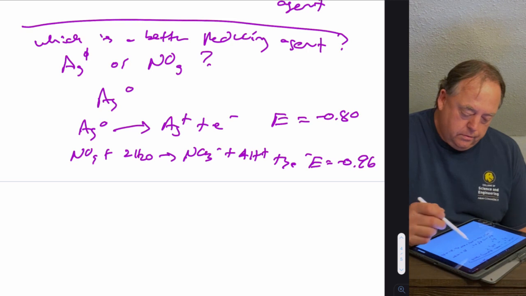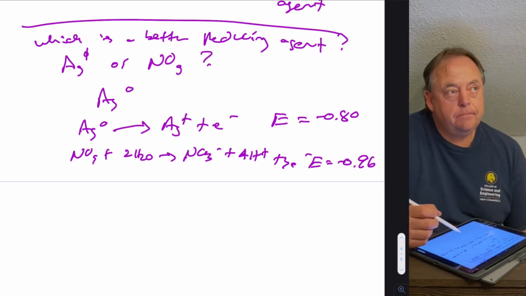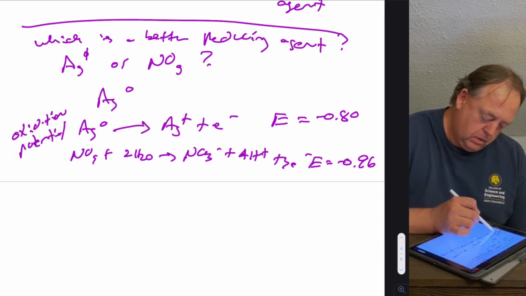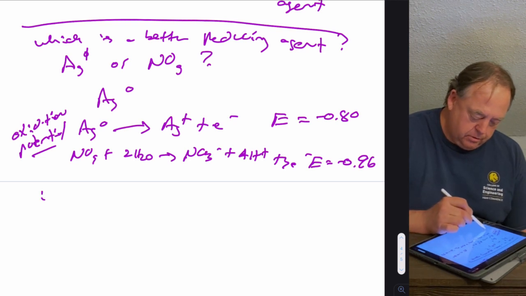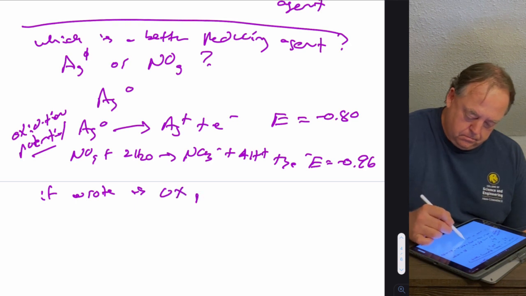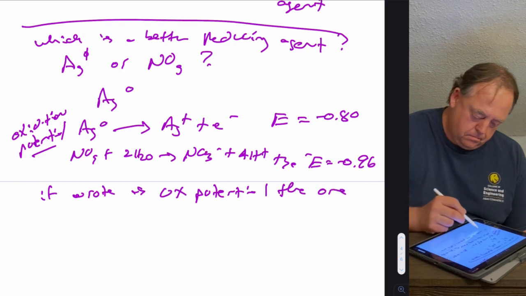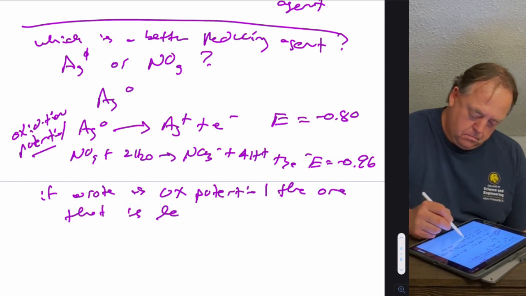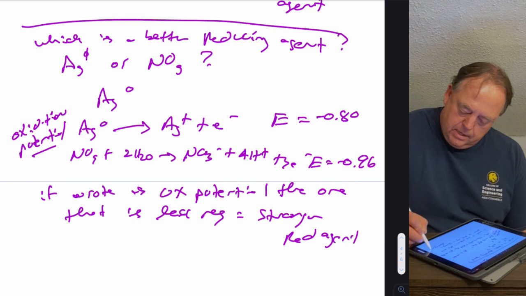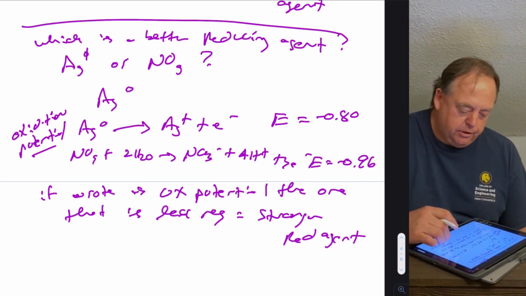So these would be oxidation potentials. If it's written as an oxidation potential, then the one that is less negative is the better reducing agent.